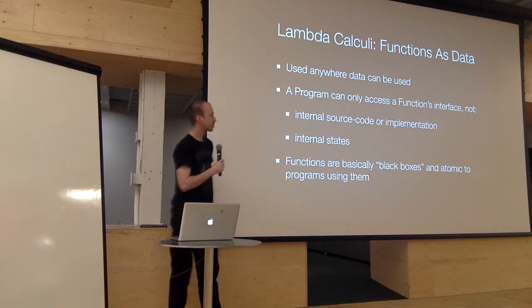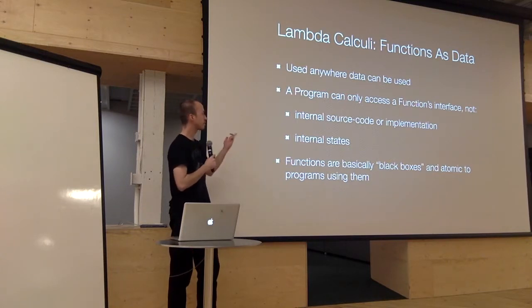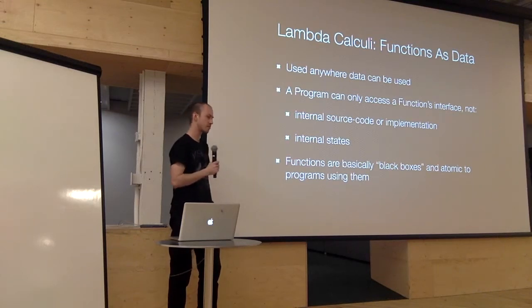Obviously, one of the most well-known features of lambda calculi in general are functions as data, or higher order functions. So code and data are primarily treated equally. You can pass them around just as you would any piece of data, like a bit or a string.